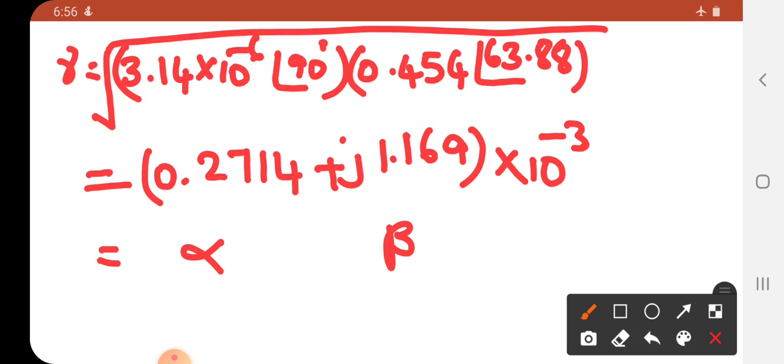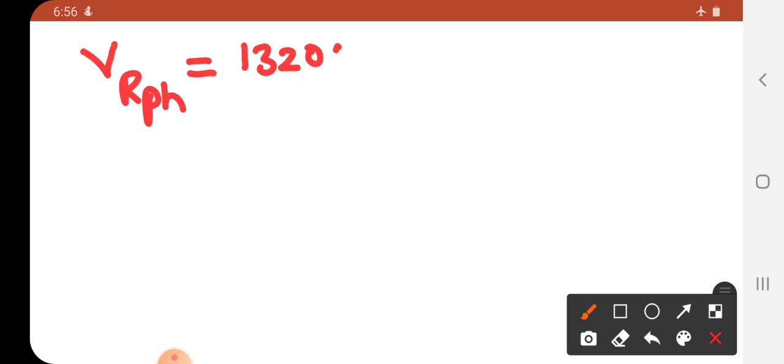And what is the receiving end voltage? He has given the receiving end voltage. VR phase is equal to 132 kilovolts, 132 thousand divided by root 3.